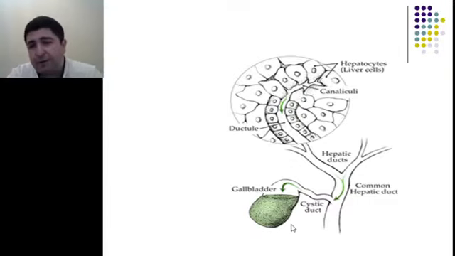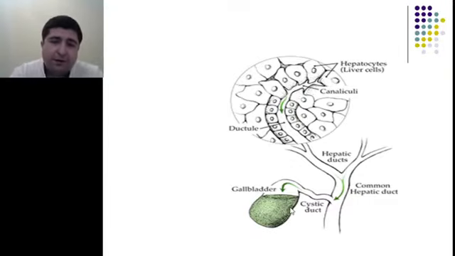When we eat a meal, the gallbladder secretes, and part of the bile goes to the common bile duct and enters the duodenum. The main function of bile is food digestion in the intestine.